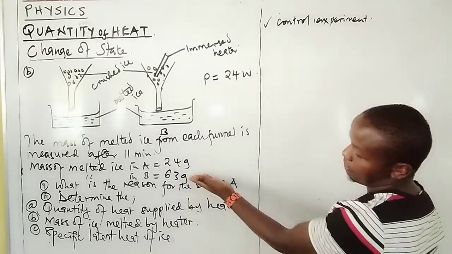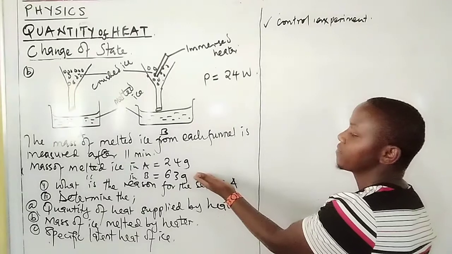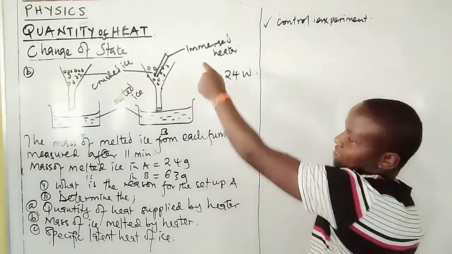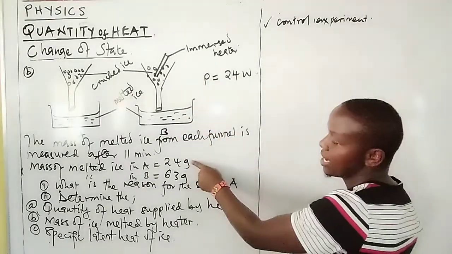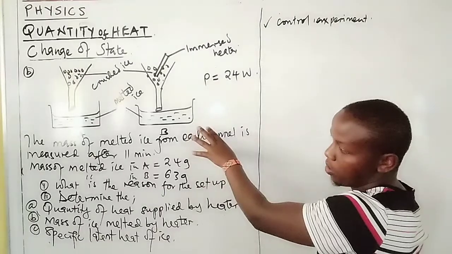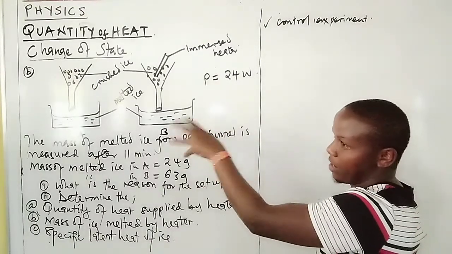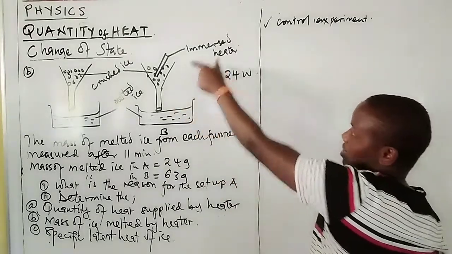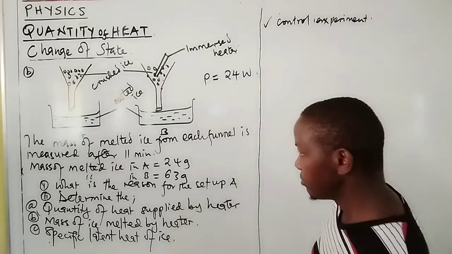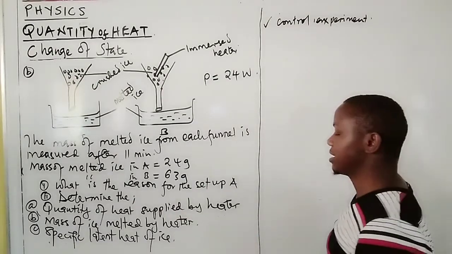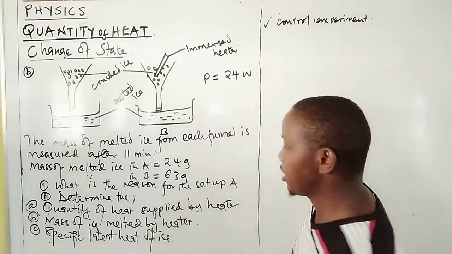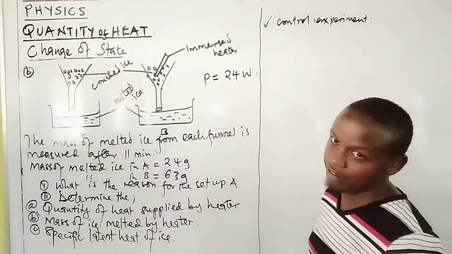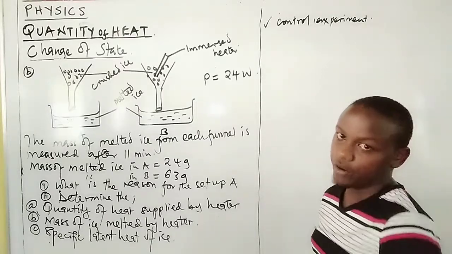To know the ice which has really been melted by the electric heater, we subtract the one in A, because the one in A is natural melting due to the environment heat, which could still have occurred in B without the immersed electric heater. Therefore, the reason for setup A is a control experiment to help us know the amount of ice which could still have melted due to the natural heat in the surrounding.